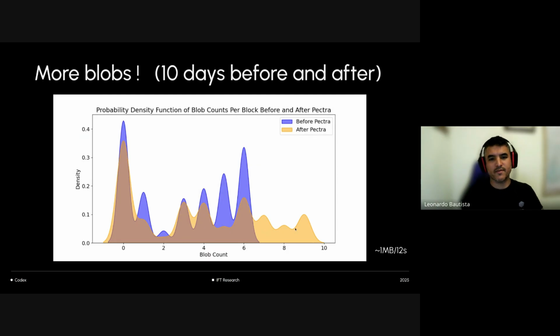We now have up to 9 blobs per block, and we are hoping that we can increase that up to 12 and maybe even 16 blobs per block in the next coming months. Okay, so that's the context of all the research that we are doing.